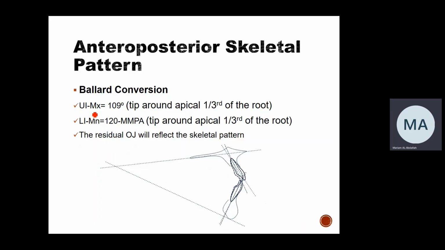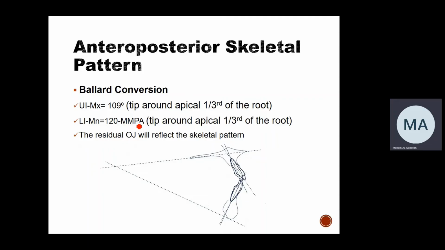So the upper incisors should be moved so that the angle here, we rotate them around the apical 1/3 of the roots until the angle is 109. And for the lower incisors, we use this formula, 120 take away the maxillomandibular plane angle for that patient.